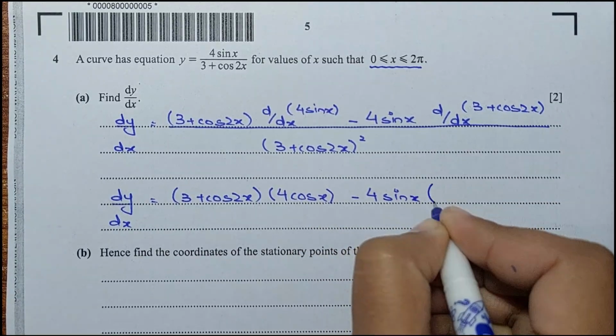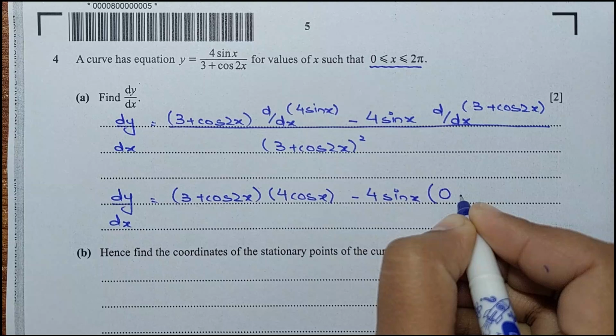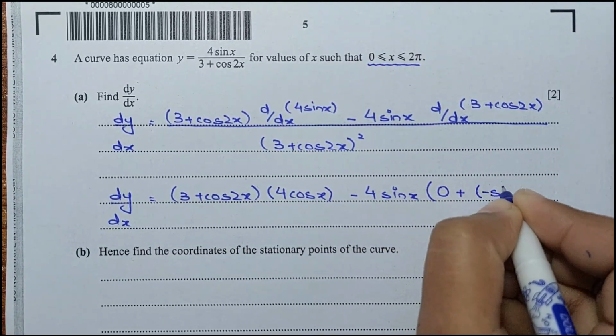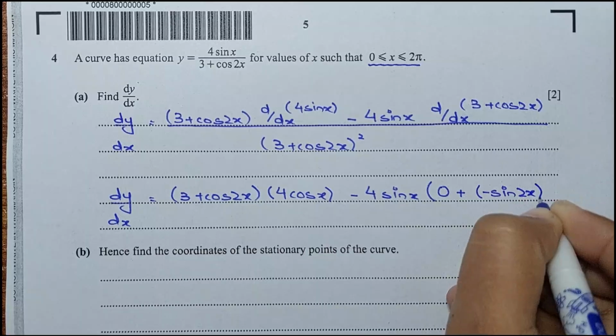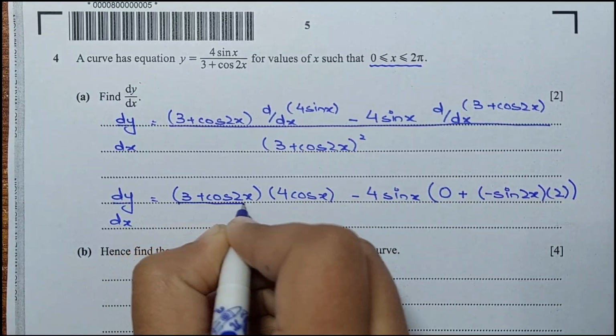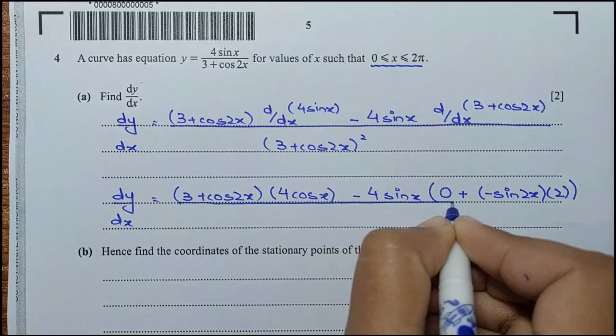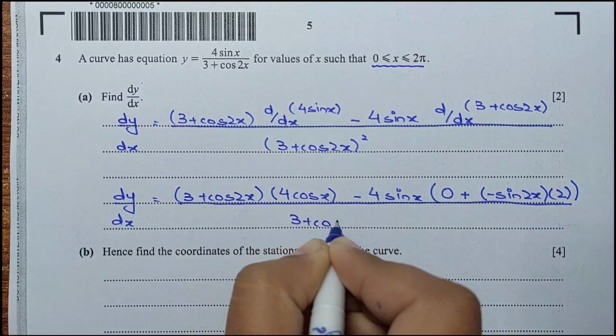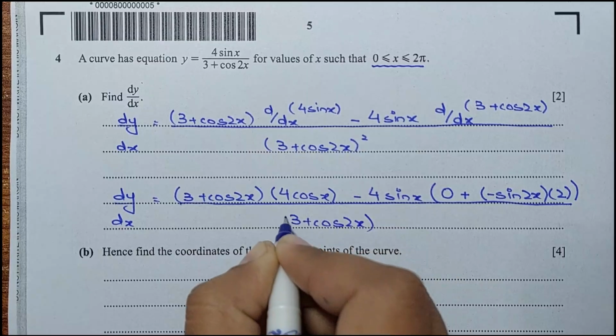And here we have 3 is a constant, its derivative is 0, plus cos derivative is minus sin 2x and the derivative of 2x is 2, divides 3 plus cos 2x whole square.